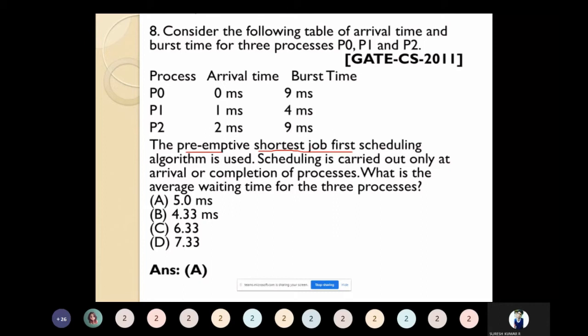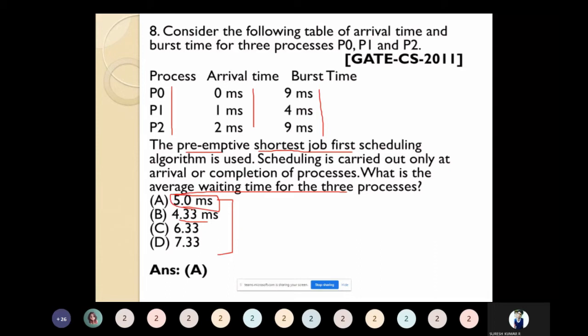Now, got the point of what is meant by preemptive version? Here my question gives three processes with their arrival times and burst times. We have to calculate the average waiting time for the three processes. Options are given. From this question my answer is 5.0 milliseconds.